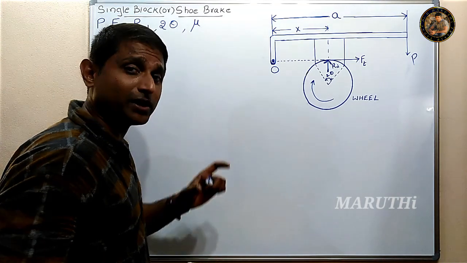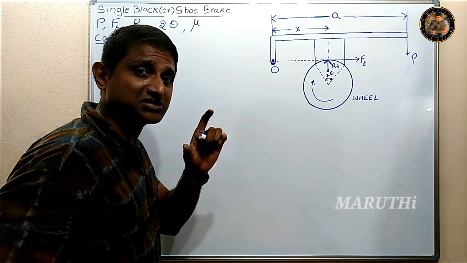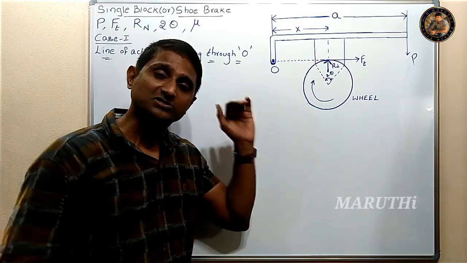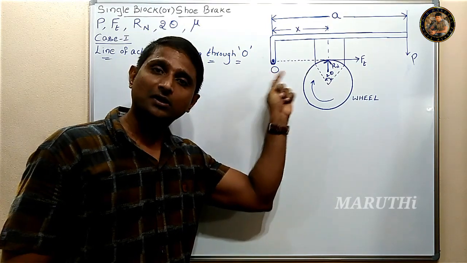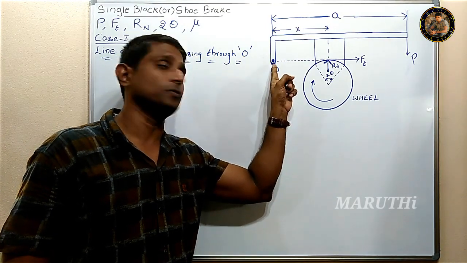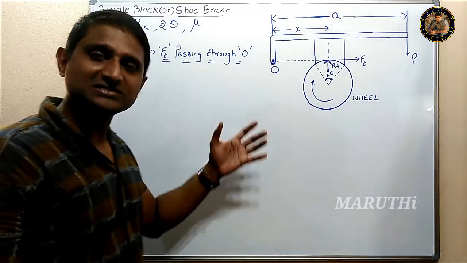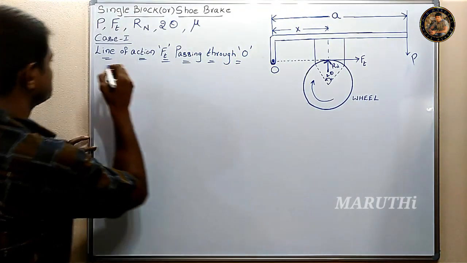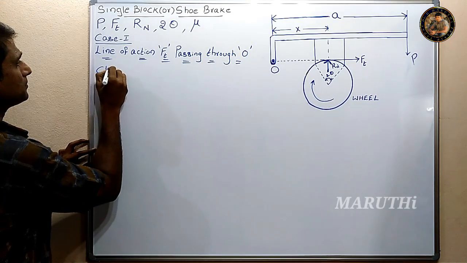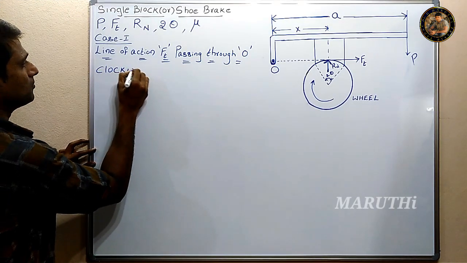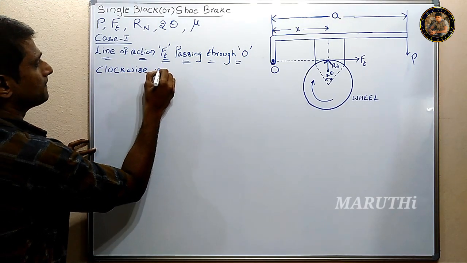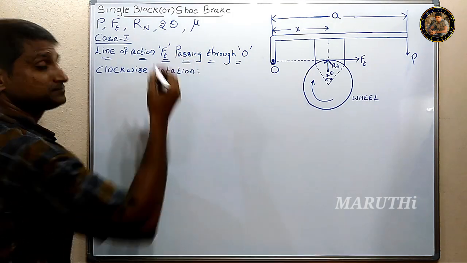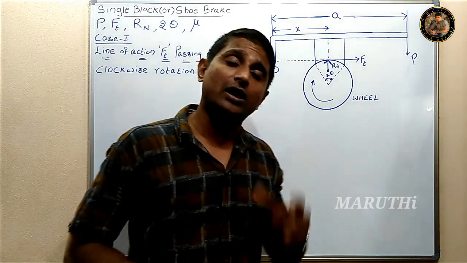Case 1 is the line of action of frictional force passing through the fulcrum of the lever. So we are taking this case, and that too, with the brake drum rotating in clockwise direction.